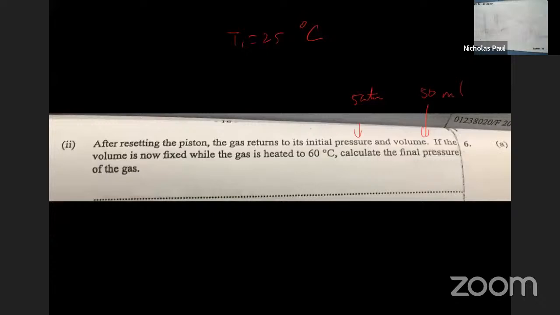Try this one here. So they said the volume is now fixed. So which law is that? Which law is that, Sahara? Sahara, which law is that if the volume is now fixed?